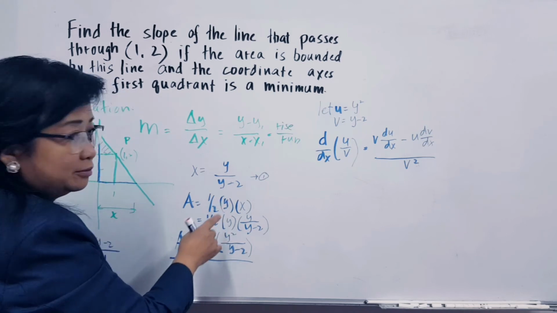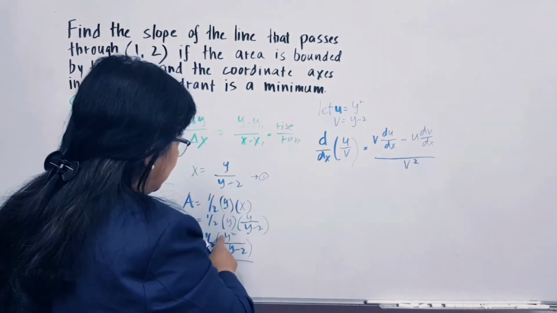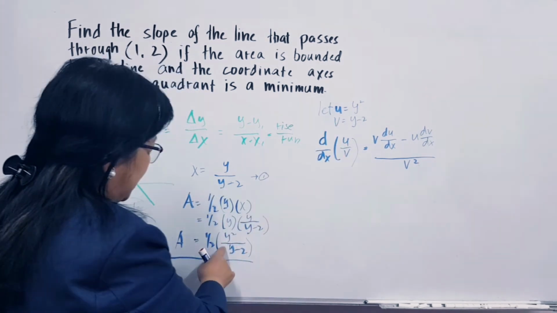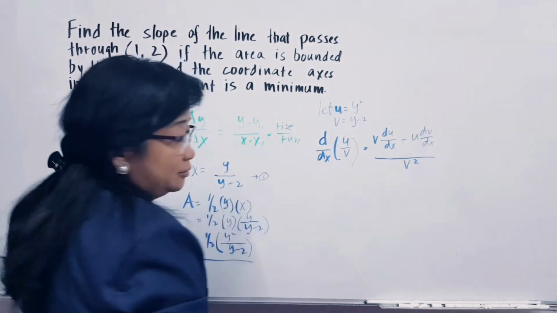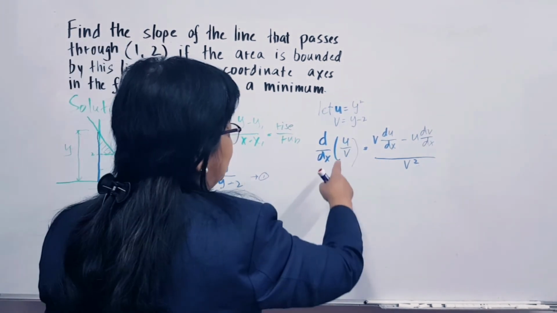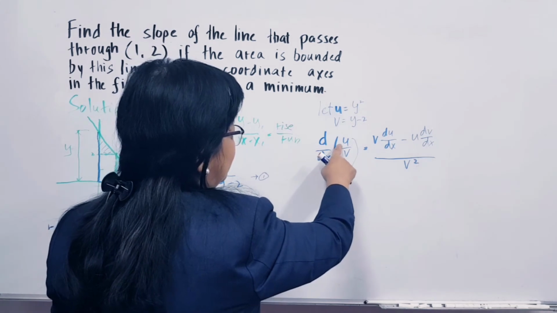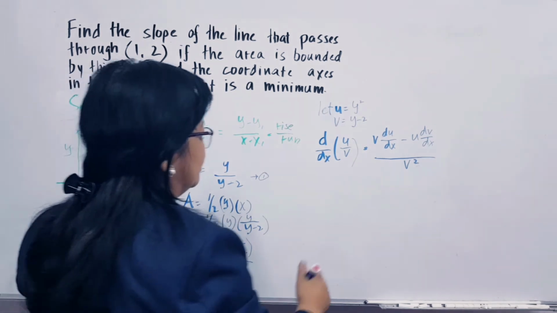There is a numerator and denominator. We let u be equal to y squared and v be equal to y minus 2. So it is easier to solve when it's like that. So we substitute the value of u, y squared, and v, which is y minus 2.